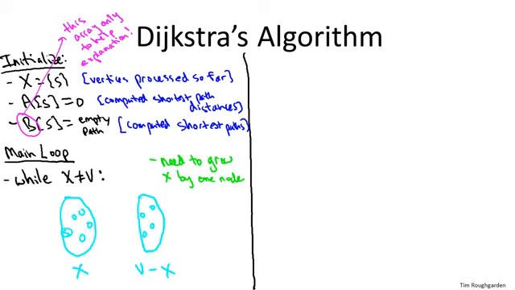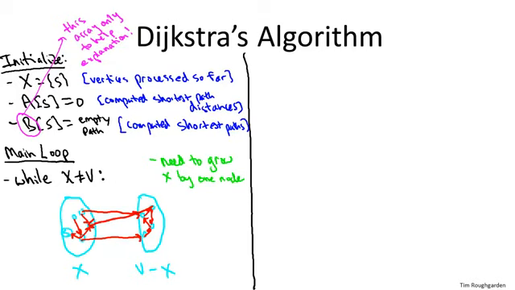And then you have edges which can cross from X to V minus X, as well as edges that can cross in the reverse direction, from V minus X back to X. The ones we're going to be interested in, just like when we did graph search in directed graphs, are the edges crossing from left to right. The edges whose tail is amongst the vertices we've already seen, and whose head is some not yet explored vertex.